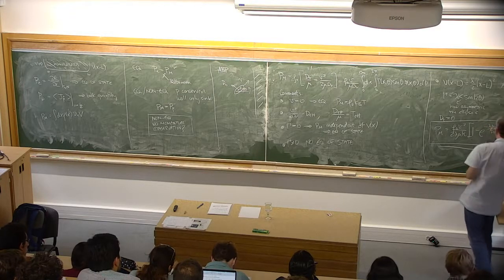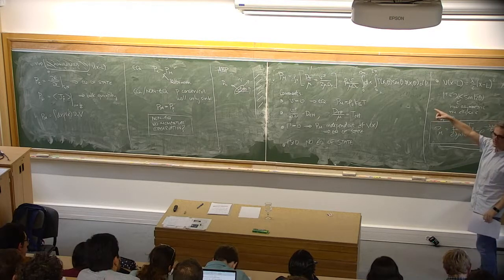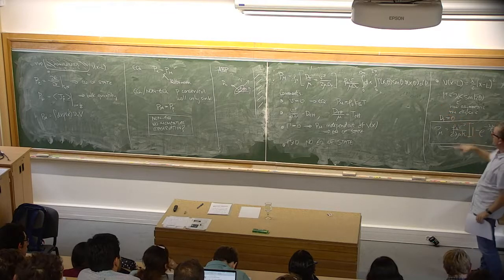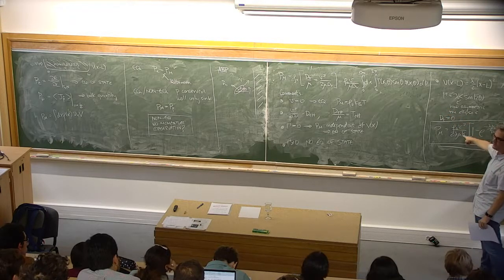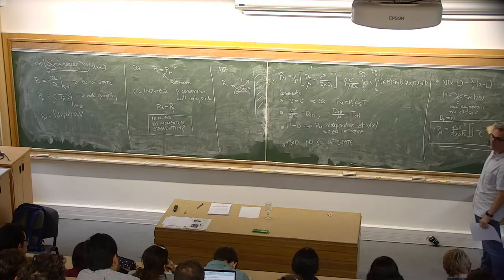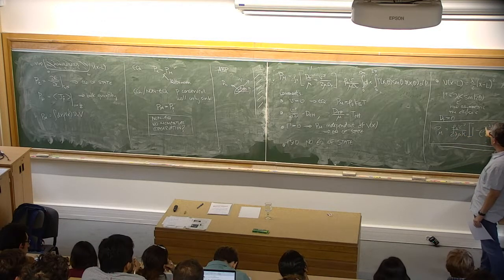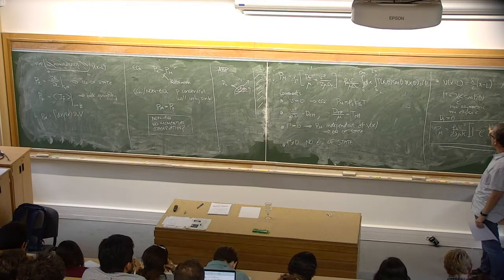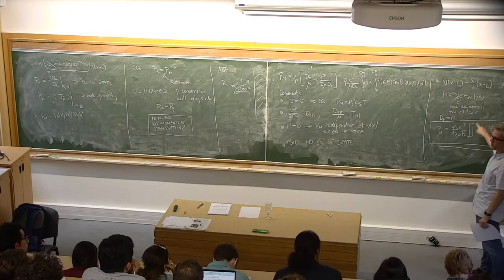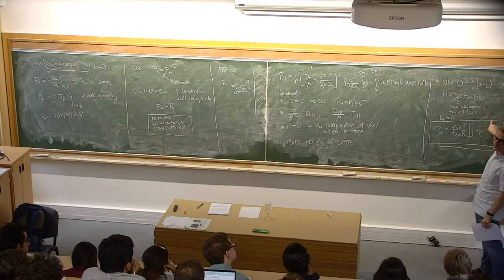I'm going to leave it as a small exercise. You recover the equation of state over there. You just expand this guy, and if you're very quick, you could do it while I'm talking. Otherwise, you can see that as we change the strength of the potential, there's a very strong dependence on the strength of the potential.